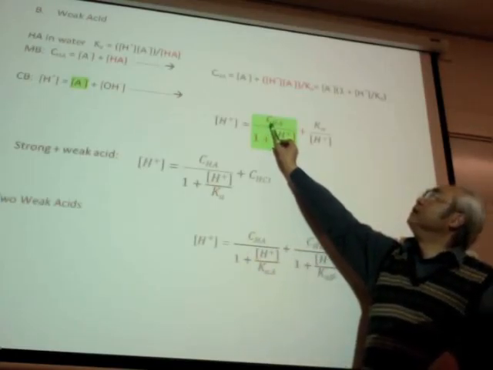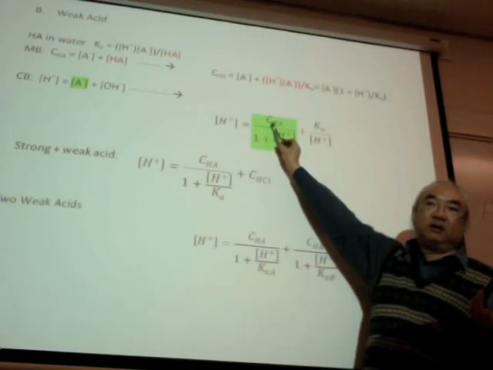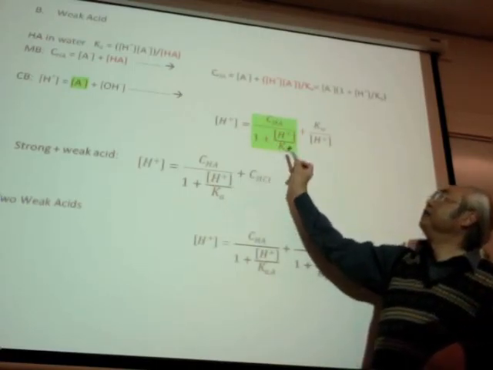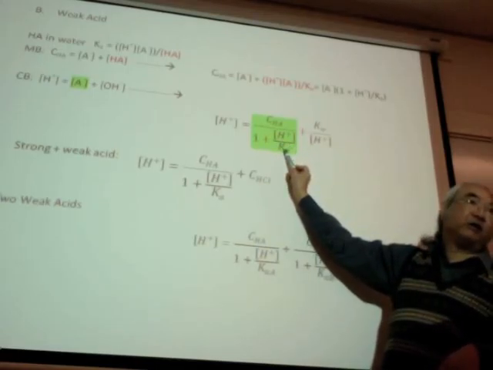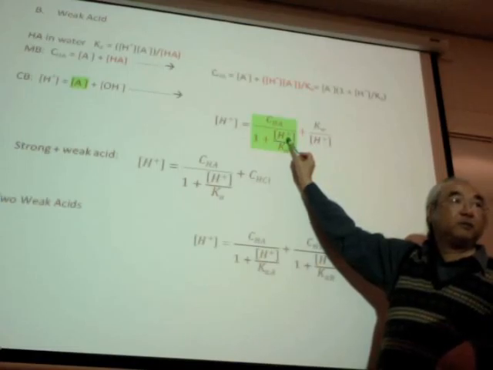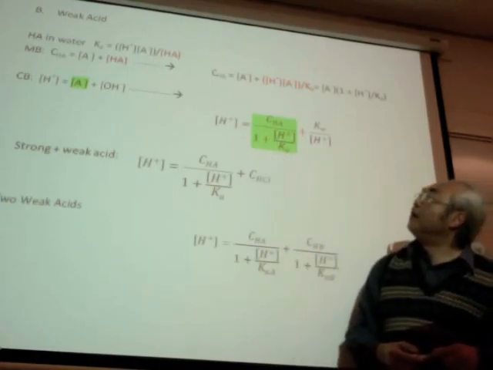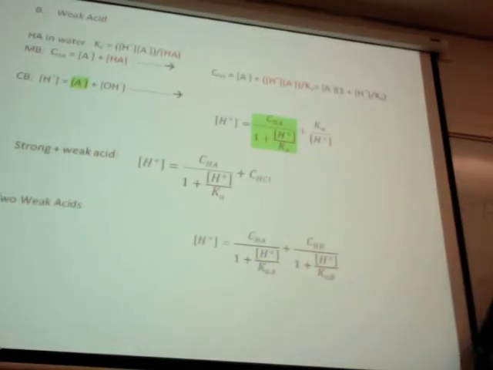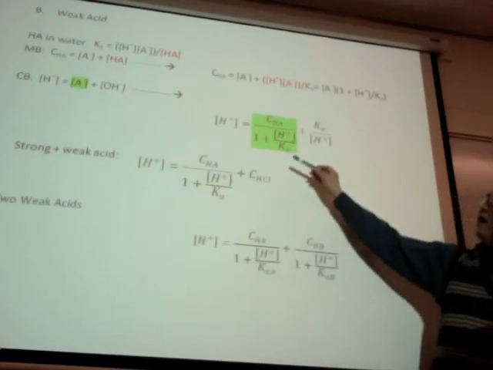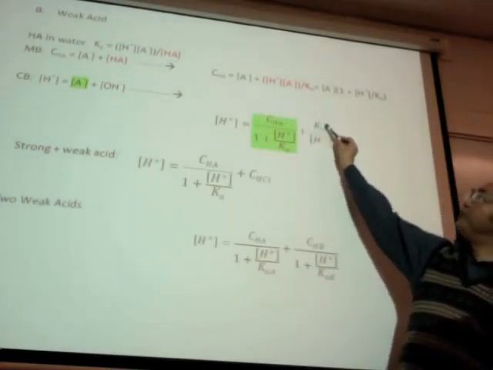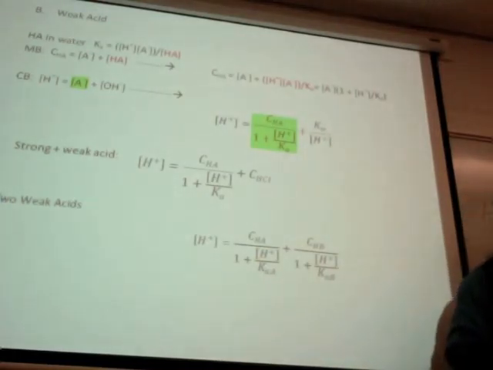So this is the way you prepare your solution. You know this numerical value, and this is a table value. So this is the only X you solve for. Okay, so this is a universal formula that you can use for weak acid. Now, this is one weak acid, and this is the contribution from your solvent.